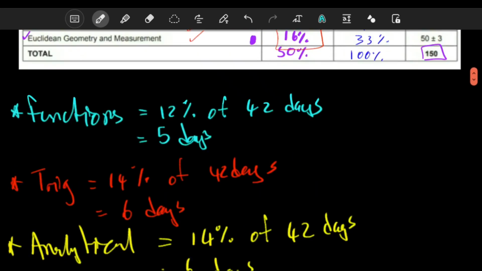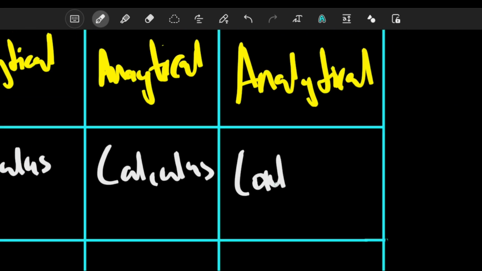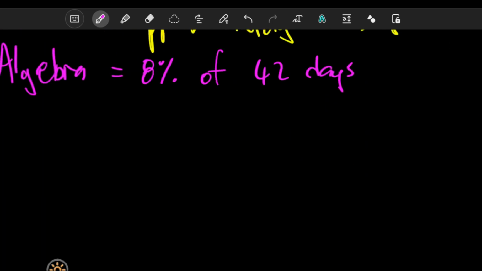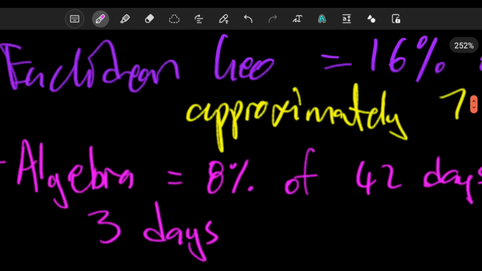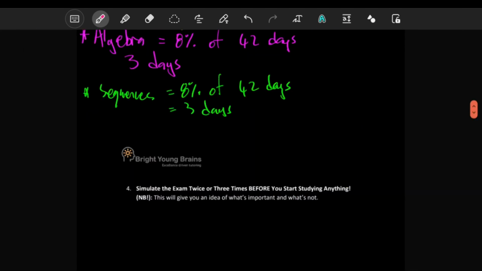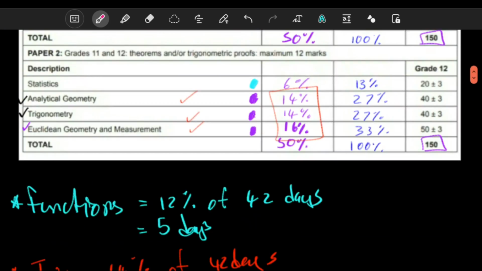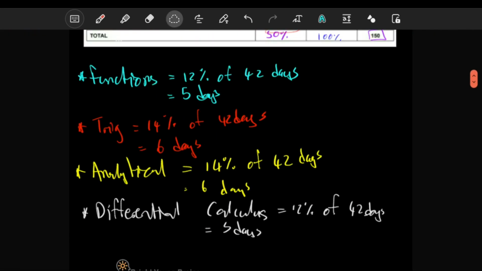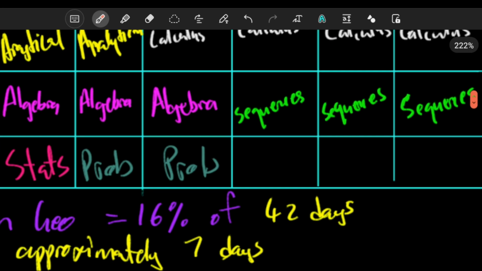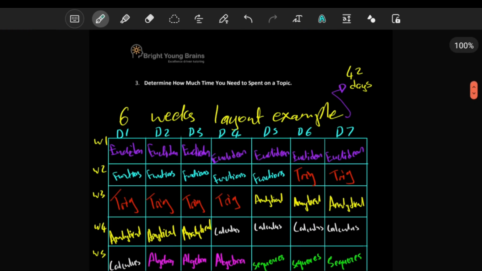So here the next topic would probably be differential calculus. There we go. So in terms of you determining how much time you need to spend on a topic, you can basically use this layout as an example.